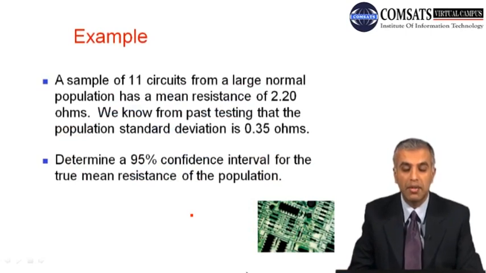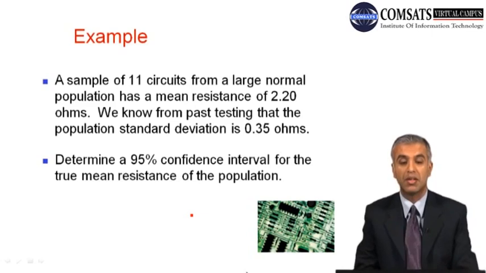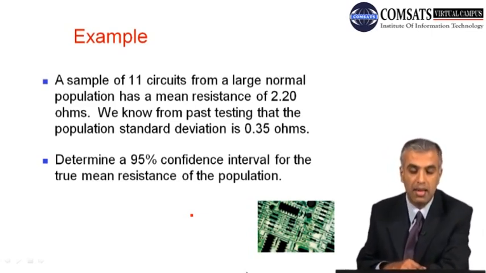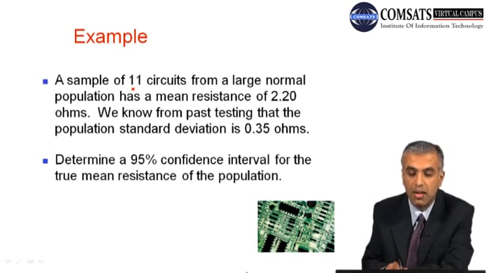Now that we have discussed confidence interval estimation, let's go ahead with a few examples. As you can see here, we are dealing with a sample of 11 circuits, shown in this diagrammatic representation. There are 11 circuits from a normal population, which again is an important statement.